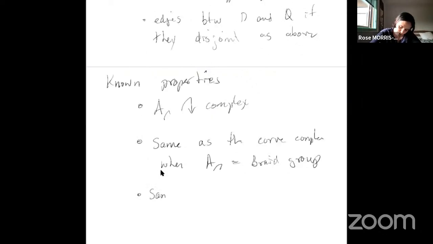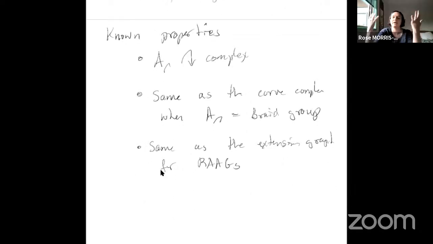It's also the same as what's called the extension graph for right-angled Artin groups. So this whole idea of coming up with an analog of the curve complex is something that has been done for right-angled Artin groups. This is by Kim and Koberda, I think in 2013.